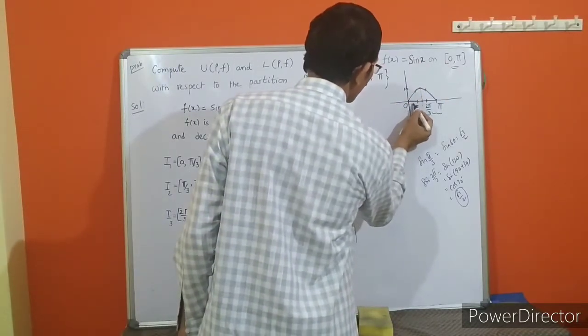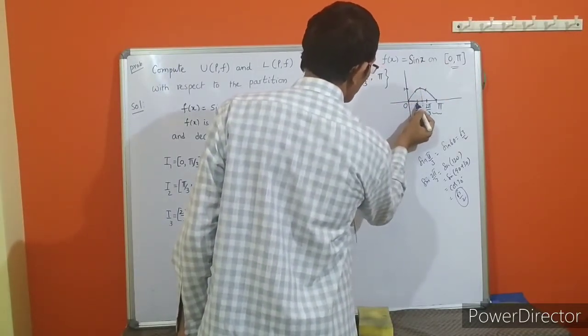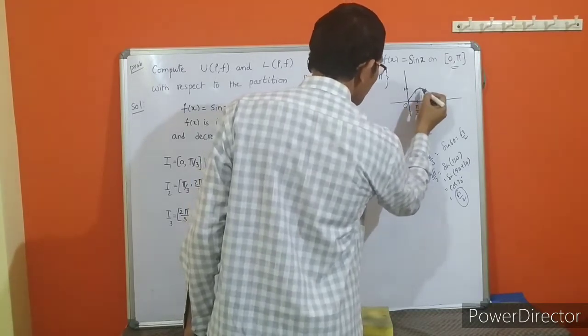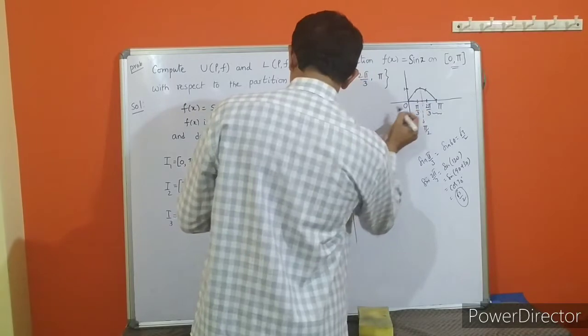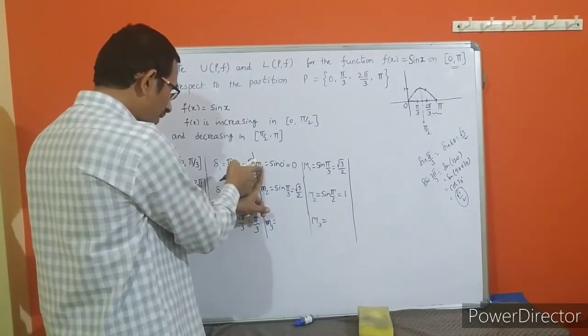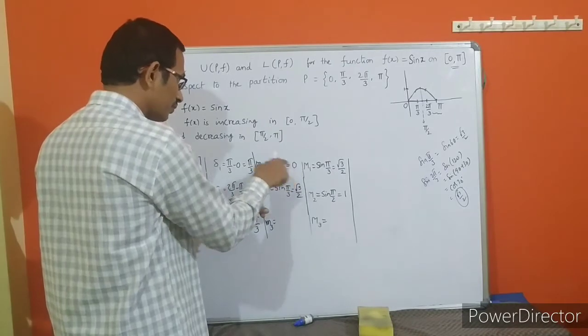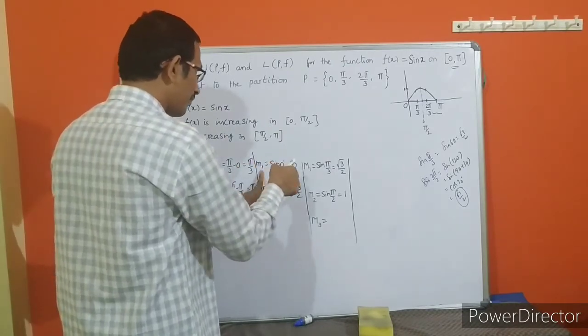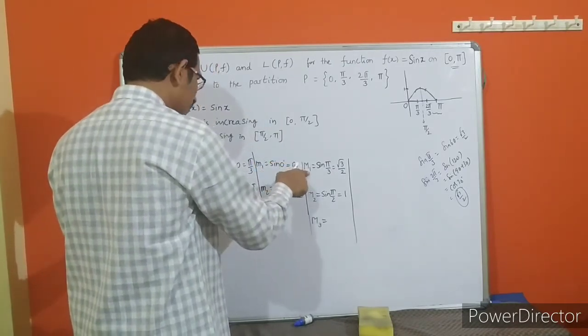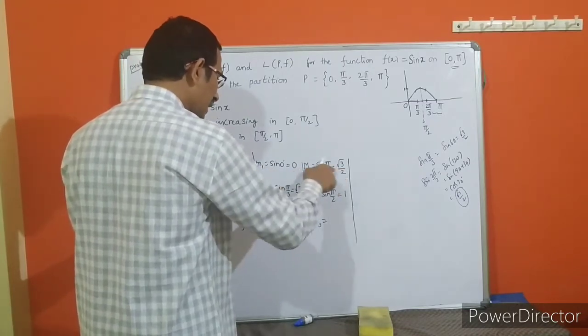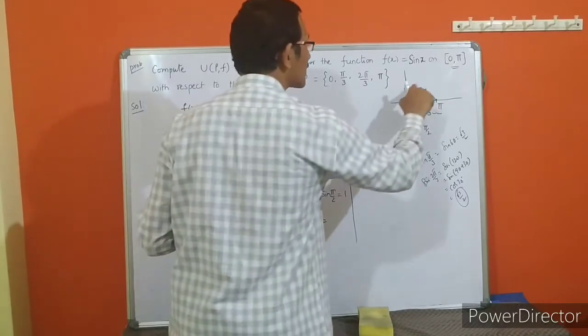Consider the nature of the function in 0 to pi by 3. In 0 to pi by 3 it is increasing. Because it is increasing, m1, the minimum value of the function, is at the minimum x, 0. So sin 0 is m1. And the maximum is at the maximum x, that is sin pi by 3, root 3 by 2. Here in this interval f of x is increasing.